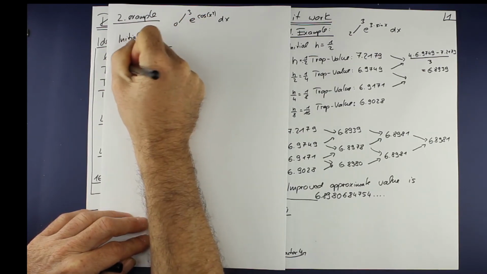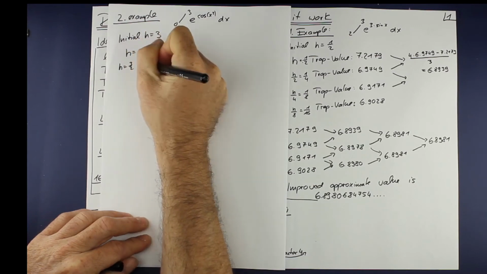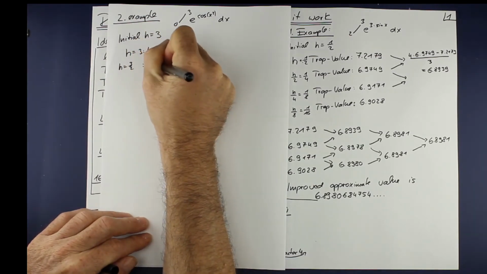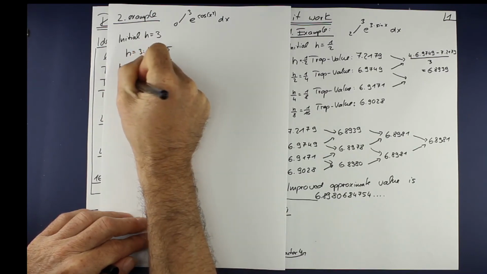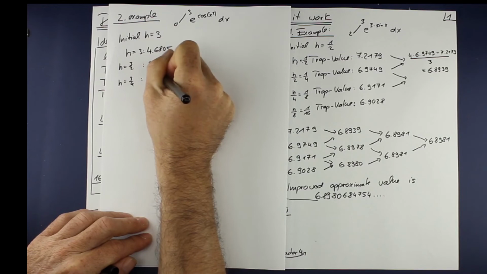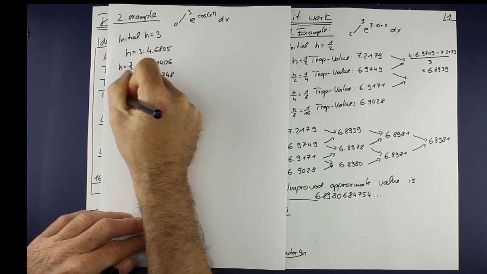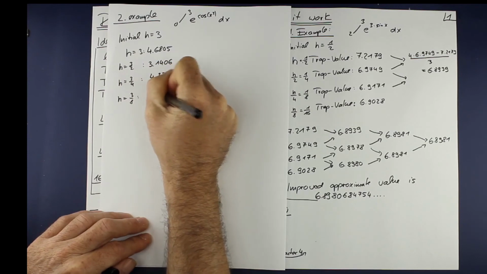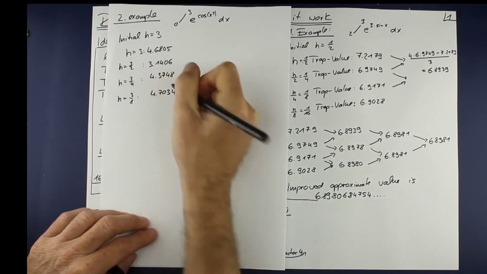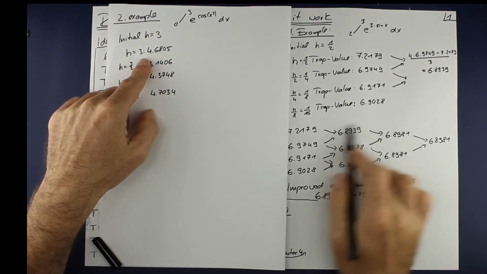Then for h is 3 halved, we get, do that on your own, do that as a training, and you get this value. Then this value is 4.3748, and this value is 4.7034.